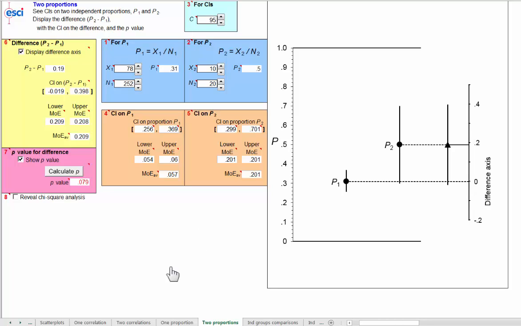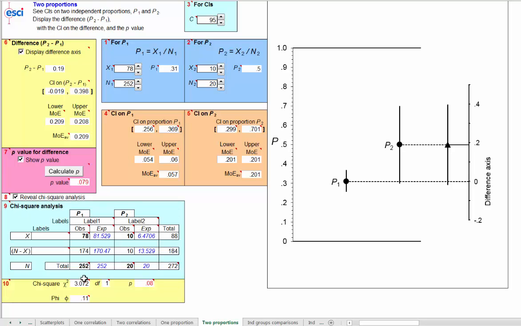Now, this is not the traditional way to analyse a 2x2 frequency table. So 78 and 10 and 174 and 10 are the four main observed frequencies, and 252 and 20, and also 88 and 184 are the marginal totals.